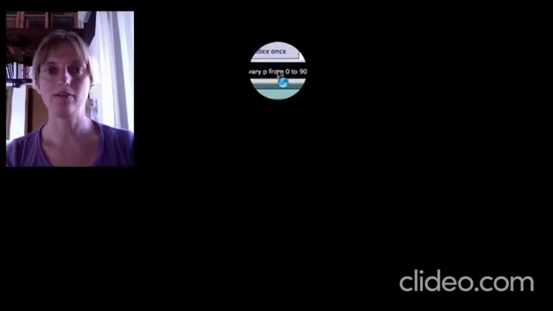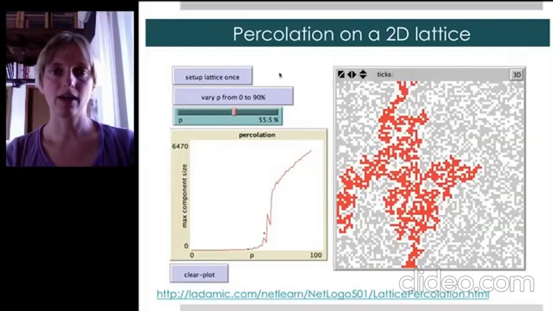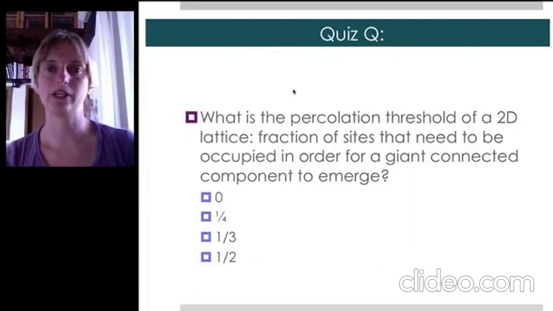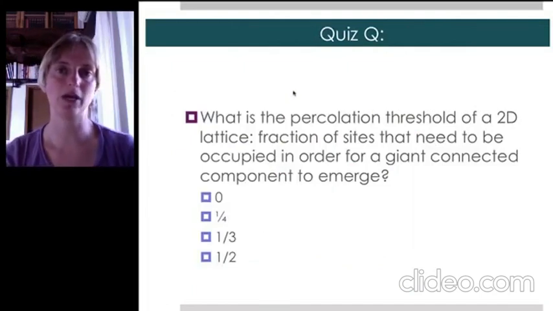The water can't percolate through. Instead of trying all possible values, you can also systematically vary P from 0 to 1, and so here it is. So I'd like you to answer the following quiz question, which is just, what is the percolation threshold in a 2D lattice? What fraction of the sites need to be occupied?